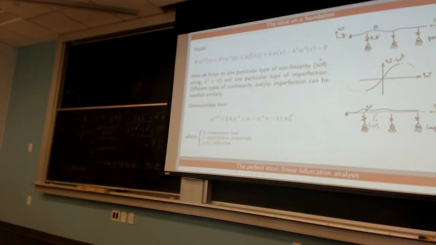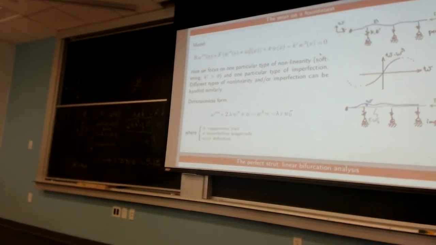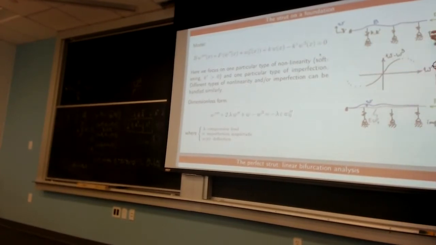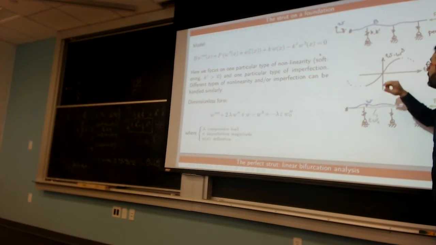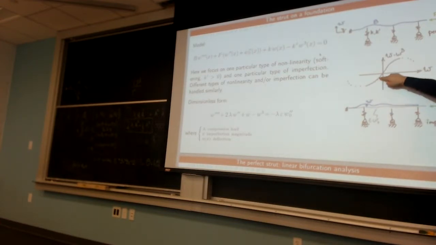And so I present these two models for the case of the strut on the foundation. So it's just an elastica that's sitting on some elastic medium, and a simple representation of the elastic medium would be nonlinear springs, which we take to be softening. I'll change to stiffening later. So meaning that the restoring force is below the one given by the initial tangent.